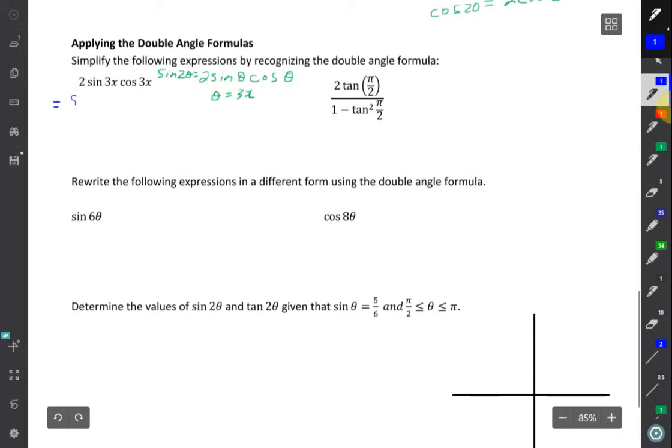This then can be written as sine 2 of 3x, and that equals the sine of 6x. We can do something similar with this identity over here.